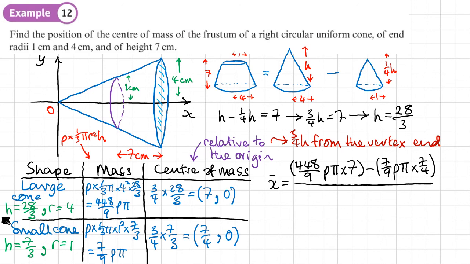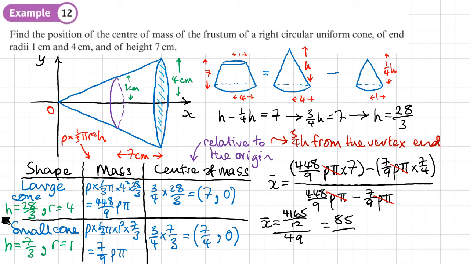So that's going to be 448 over 9 rho pi minus 7 over 9 rho pi. Now the pi's and the rho's all cancel out. Then if I calculate the top and the bottom, I get 4165 over 12 divided by 49, and that simplifies to 85 over 12. Now, that's probably not a useful answer because that's the distance from my origin.